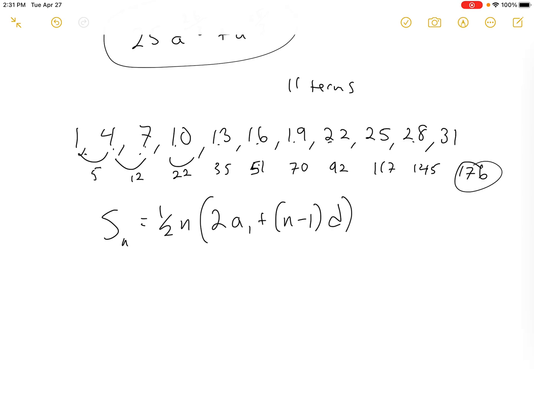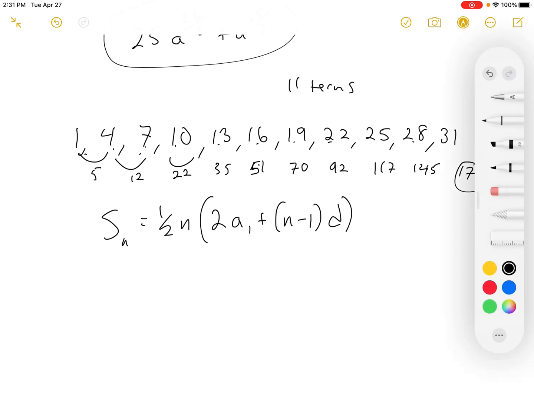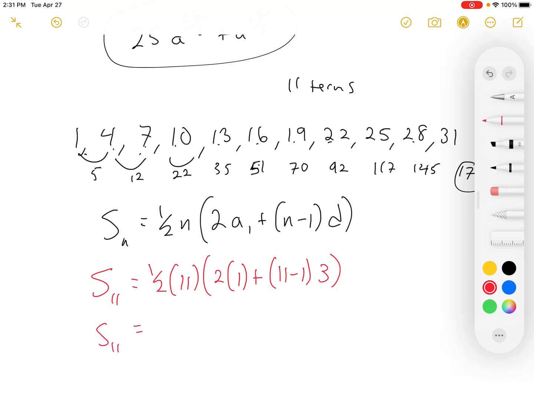Now let's test the formula though. So let's see how good the formula works. So we have 11 terms. So we're going to take half of 11 times 2 times the first term plus 11 minus 1 times 3, because the common difference is 3, right? Each one of those. So half of 11 is 5.5.